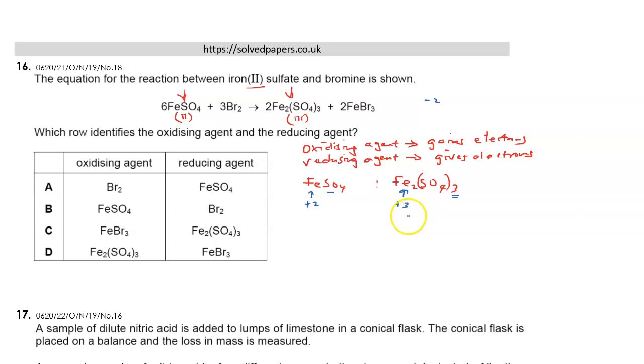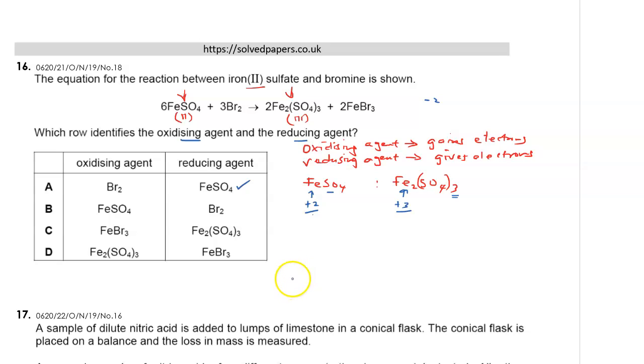So the oxidation state of iron has changed from +2 to +3. So it has given out an electron. So it is a reducing agent. Don't forget, we are looking to identify an oxidizing agent and a reducing agent. So this is a reducing agent right there.